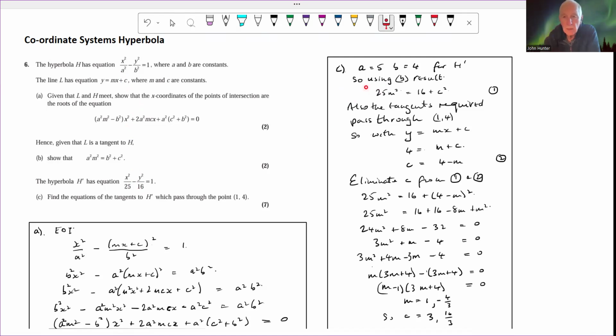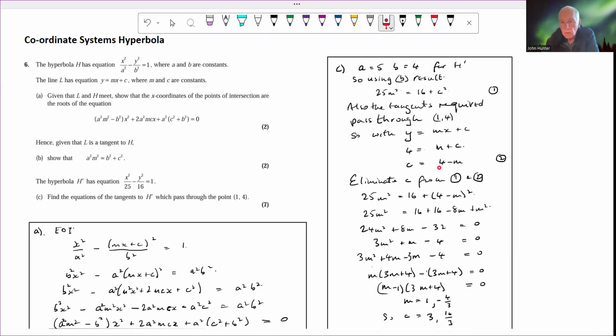So when we use that result in part b, it gives us this equation in m and c. And then, as I've just mentioned, the tangents required pass through this point. So if we're using the general form of the straight line and we substitute this point in there, we get this. That second equation in c and m.